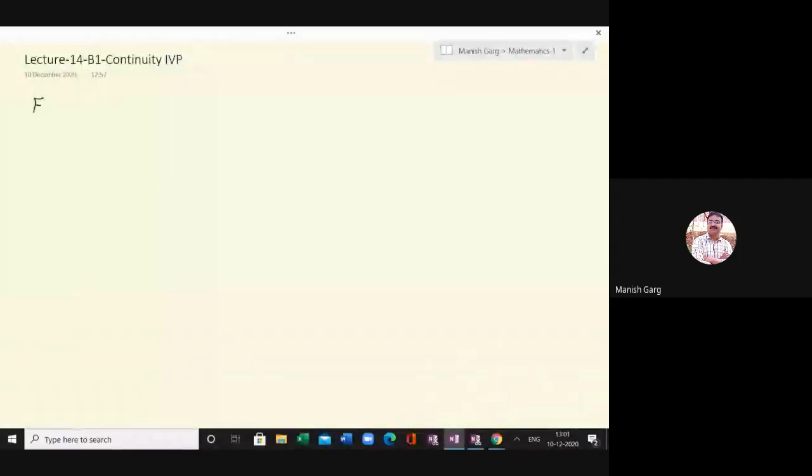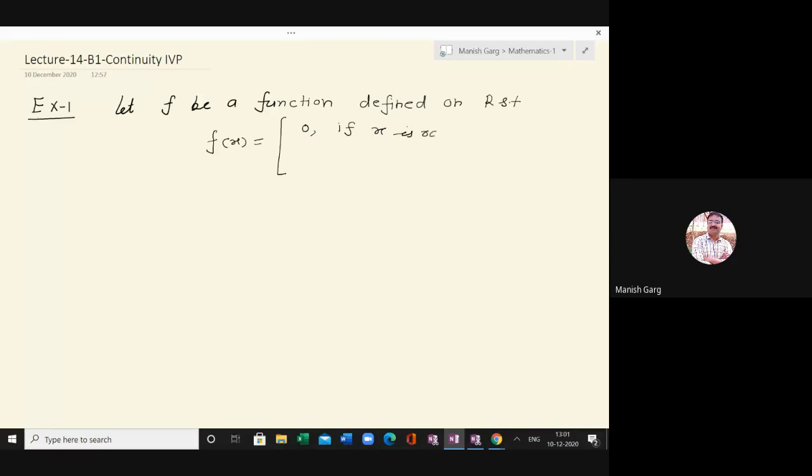Example 1. Let f be a function defined on R such that f(x) is 0 if x is rational and x if x is irrational.